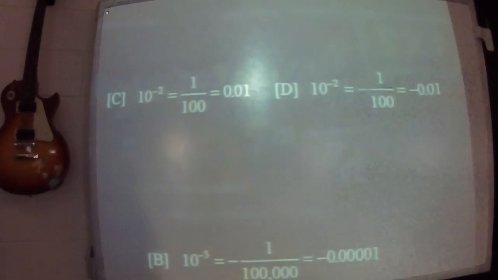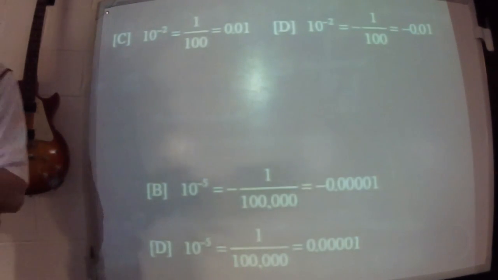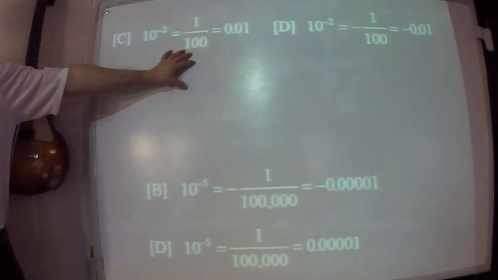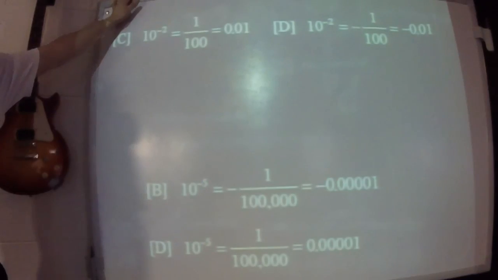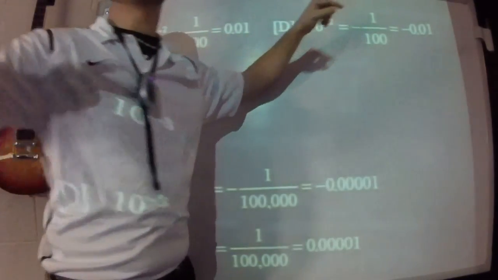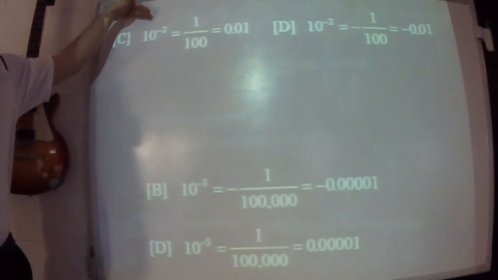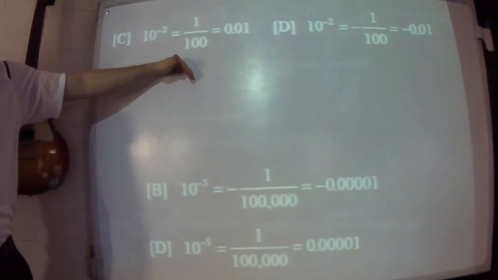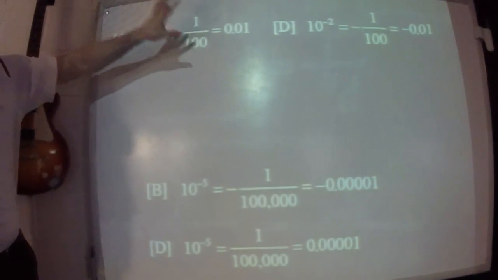What do you think? Critical thinking here. C or D? I heard 2 C's and that's it. 3 C's, 4 C's. Okay. What's the difference here? One's negative. You get confused when you have these negative exponents we're learning to deal with. The negative exponent, as you bring it down, doesn't make it a negative number. The only thing a negative exponent does is bring the 10 squared down to the denominator.